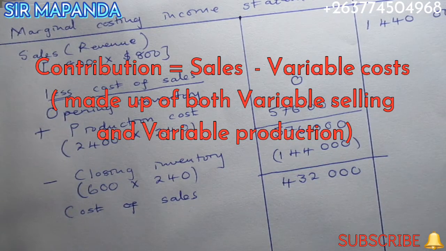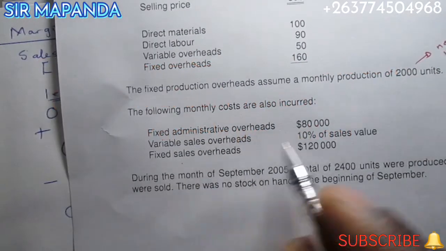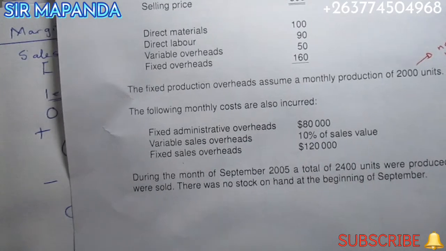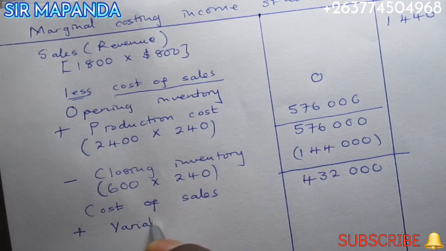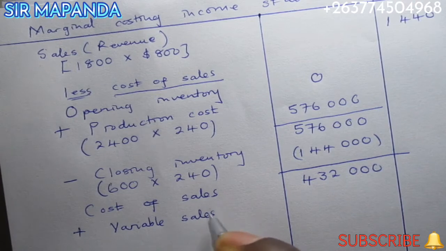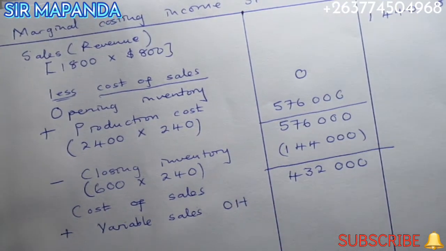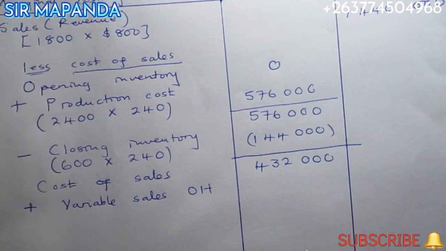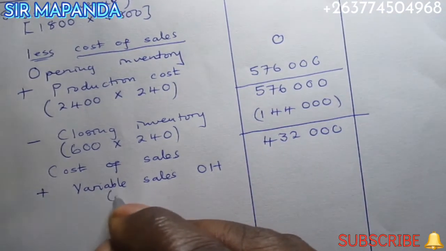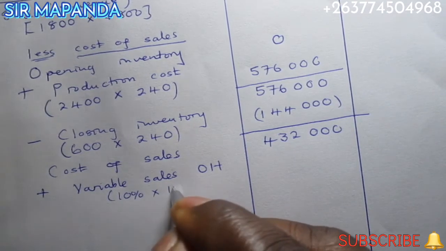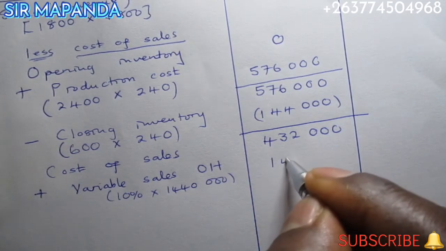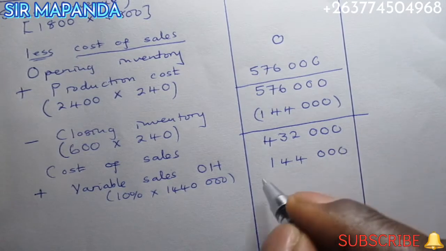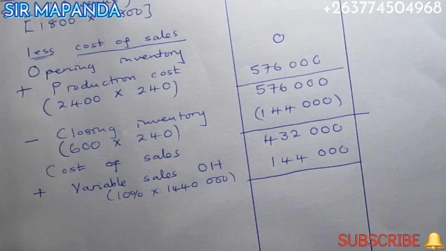I hope you are following. Remember, in our question, we are given variable sales overheads as 10% of sales value. I hope you are following. So we need to add variable sales overheads on the cost of sales of 432. So 10% of 1,440,000, you get 144,000. So you write 144,000. So you are going to add to increase the costs. I hope you are following.